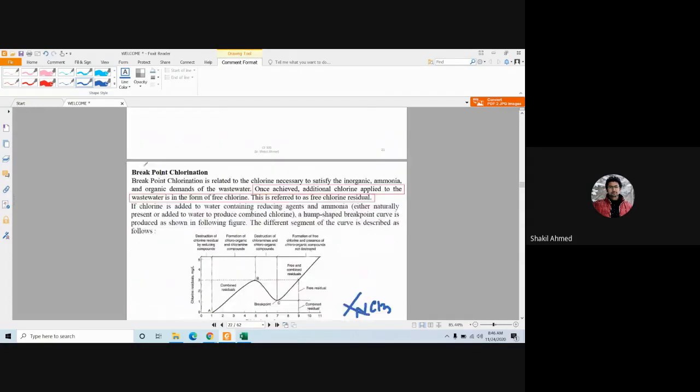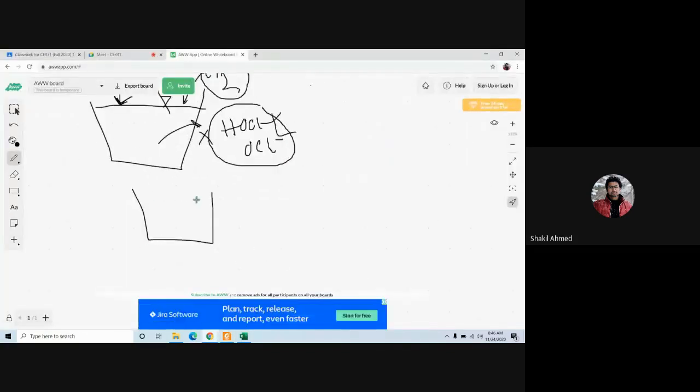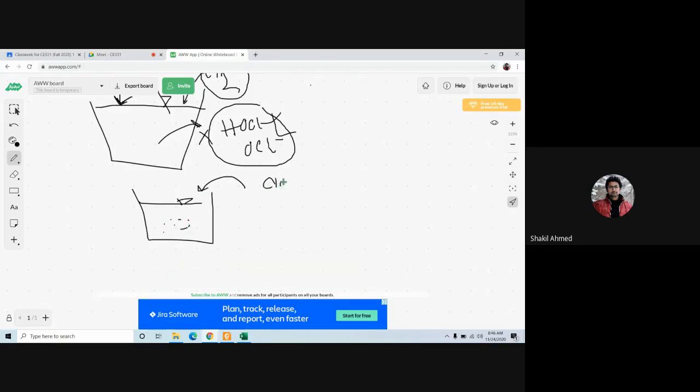Now, breakpoint chlorination. What we have discussed here is that in pure water you have pathogens. You added chlorine. For example, for this 1 liter of water, you needed 5 gram chlorine.